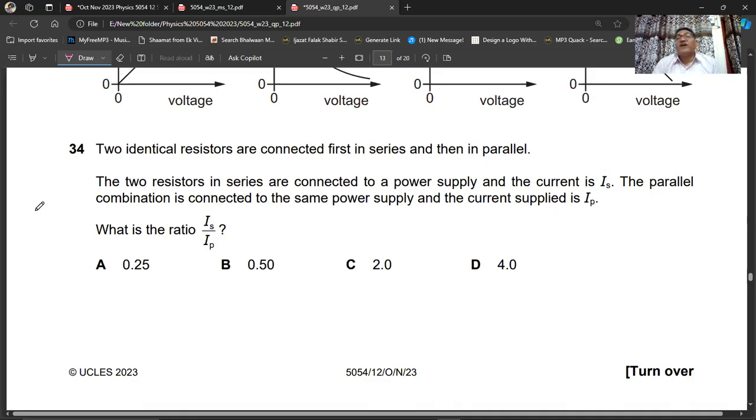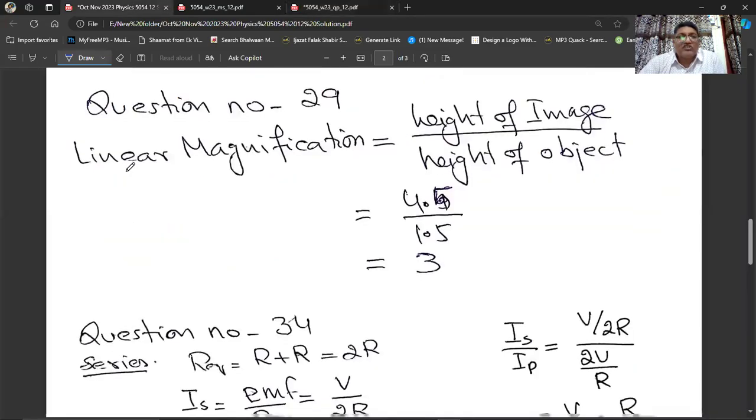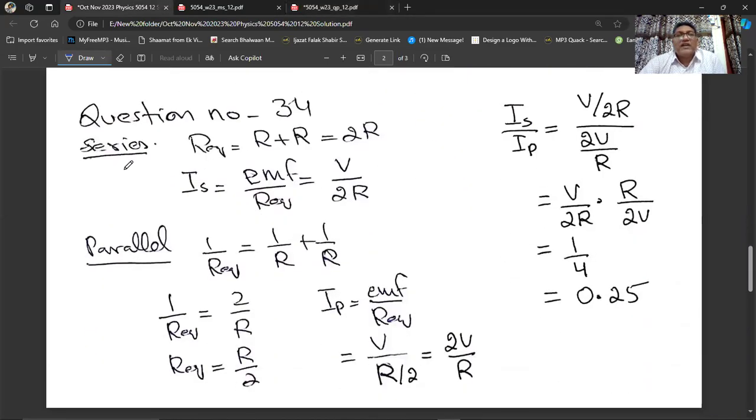What is the ratio of IS to IP? Okay, so it's a little tricky question. Let me show you. When you have two identical resistors connected in series, their equivalent resistance will be R plus R, that is 2R. So the current will be the EMF of the battery divided by the equivalent resistance of the circuit, so it will be V divided by 2R.